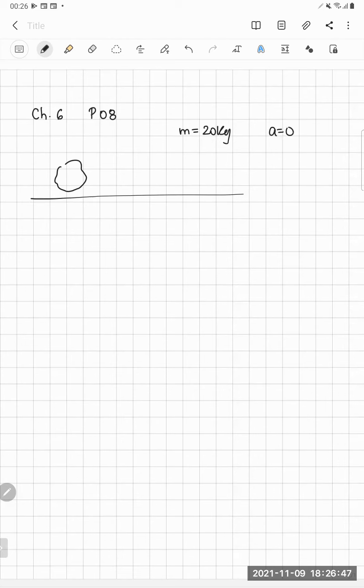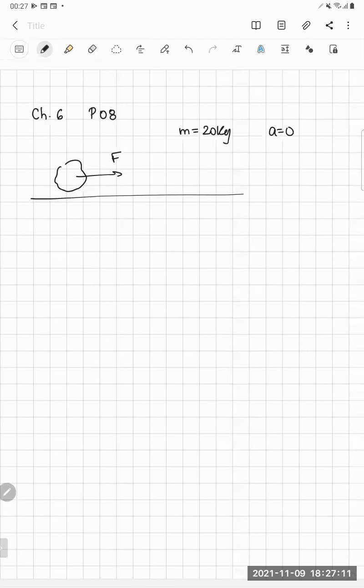It's moving at constant speed, and we want to know, how is it possible? What is the force acting on this rock so that it can move in this direction at constant speed, taking into account that there is friction between this rock and the ground?